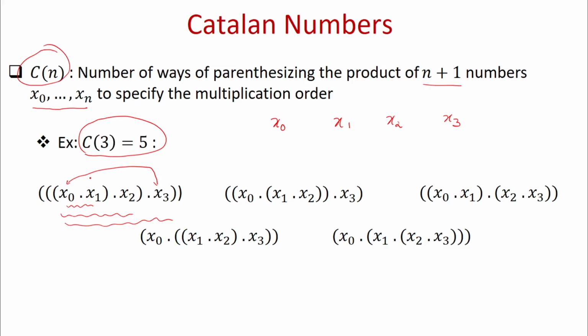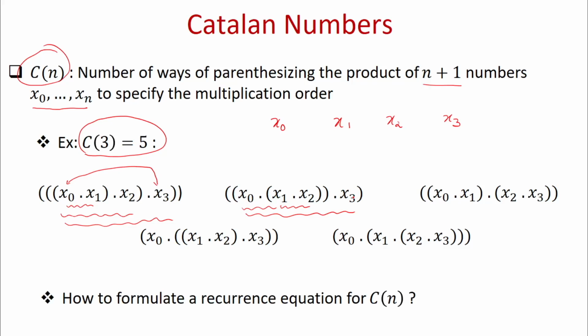In this second way of parenthesizing, the sequencing is as follows. I first multiply x1 and x2, and then the resultant product is multiplied with x0. So you see I am not changing the position of x0. Then the resultant product is multiplied with x3 and so on. So there are 5 ways if I had 4 numbers, and that's why c of 3 is equal to 5.